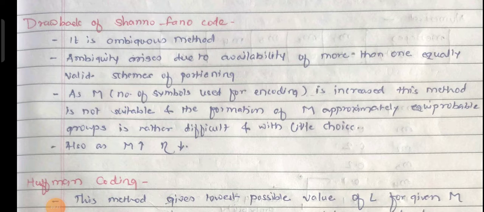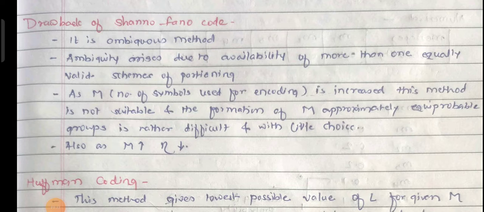The first drawback is that this method is ambiguous, and the ambiguity arises due to the availability of more than one equally valid scheme for partitioning. We know the steps used for the Shannon Fano code method. We first arranged the messages in decreasing order of probability, and then we partitioned those messages into equiprobable sets.